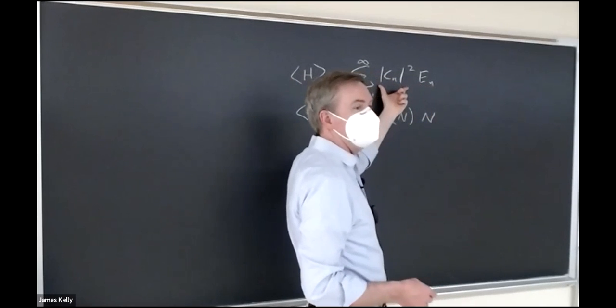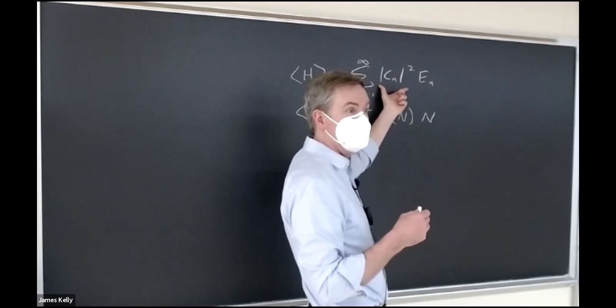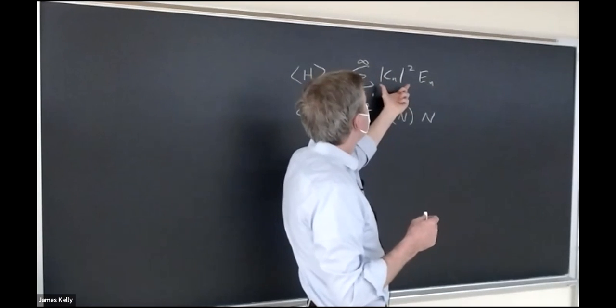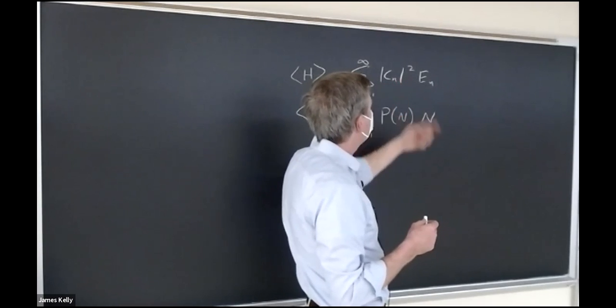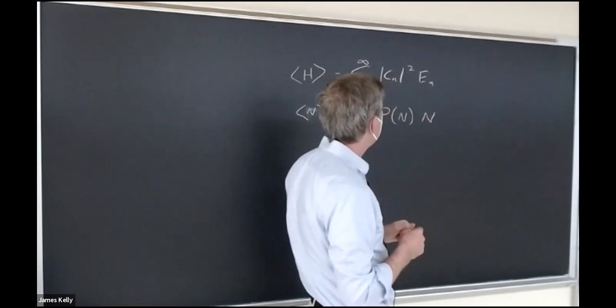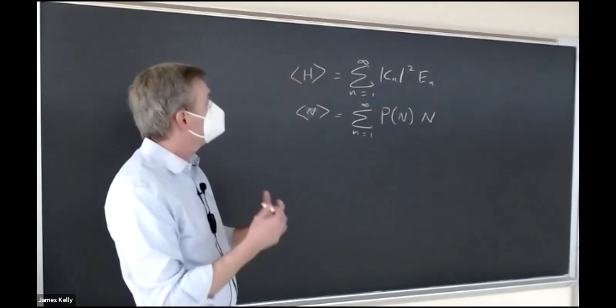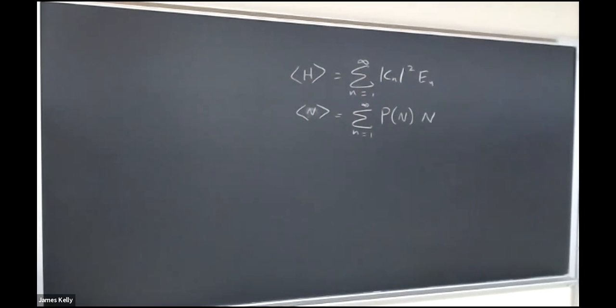It seems like this might be an expression for the probability as a function of energy. In other words, this is going to be something that is 0 everywhere except at a value of En, and then the magnitude of Cn squared would be the probability of an energy measurement yielding the value En.